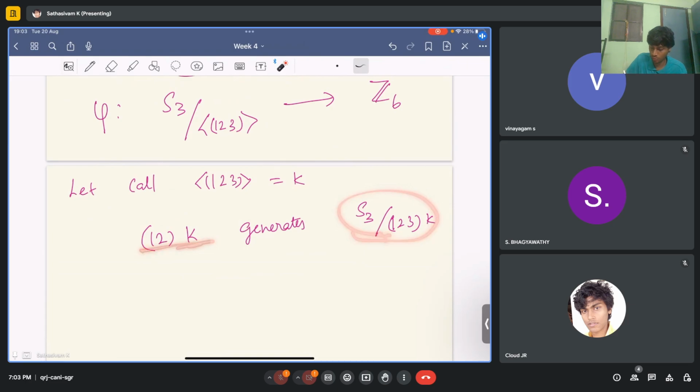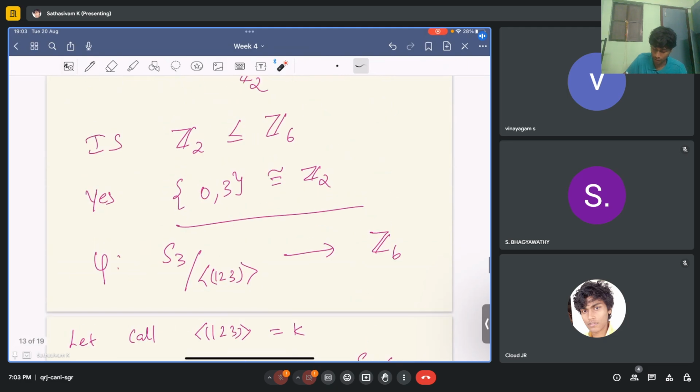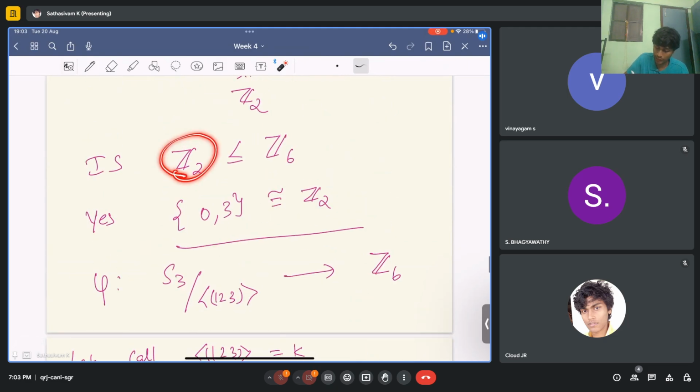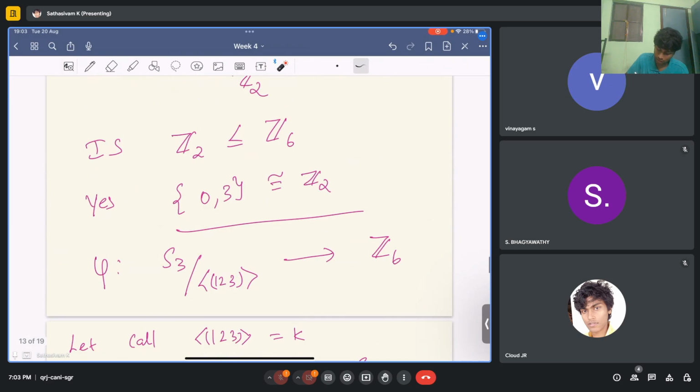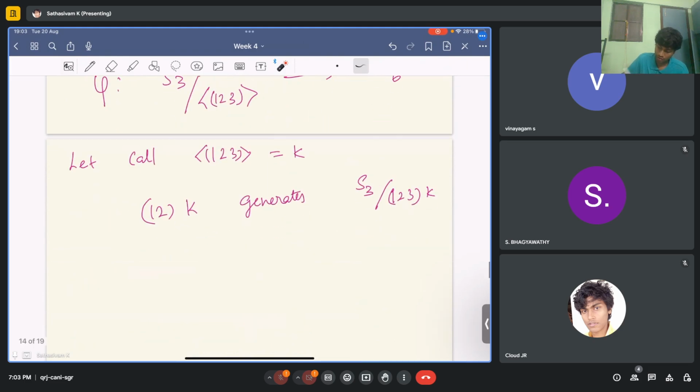And you can see this group is isomorphic to Z2, so it's a cyclic group. If you have a Z2, any non-trivial element generates Z2, right? It's a cyclic group with only two elements. One element is zero, another element is any non-trivial element. So this element also generates.